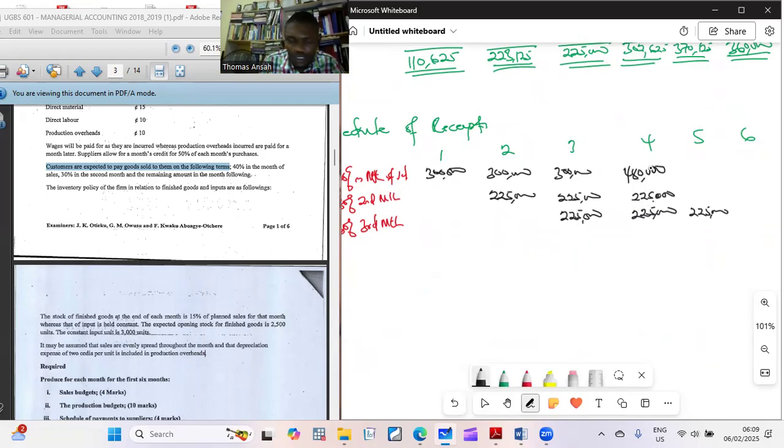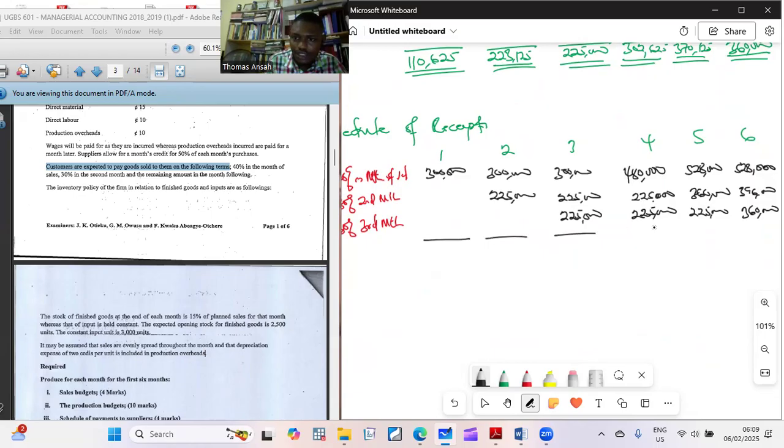Then 30% for the next is 360. Remaining 30%, 360. Then the next one was 1320. So the first 40% will be 528. The next 30%, 396. Then we don't need the other one. Then the first is 528. We don't need the other one.